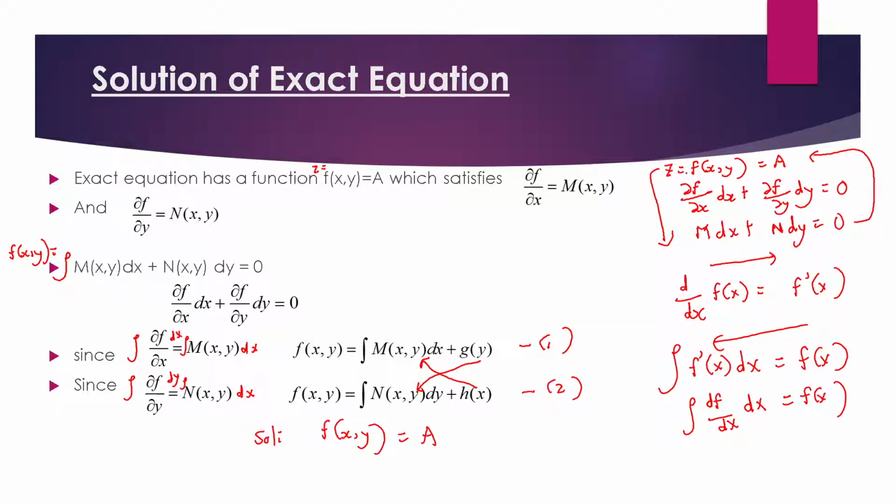You can integrate the first term with respect to x, or you integrate the second term with respect to y. So you get two equations. Take all the terms from equation 1 and add a new term from equation 2. That will be your f(x,y), and you let it equal to a. This is the solution of the exact differential equation.